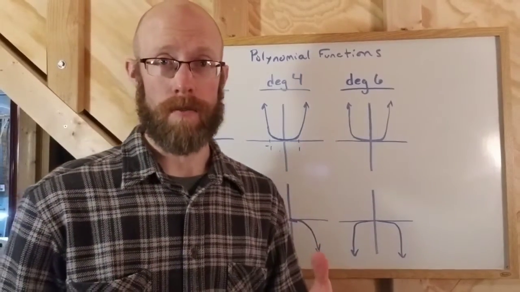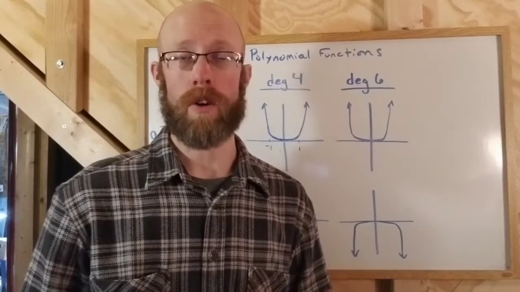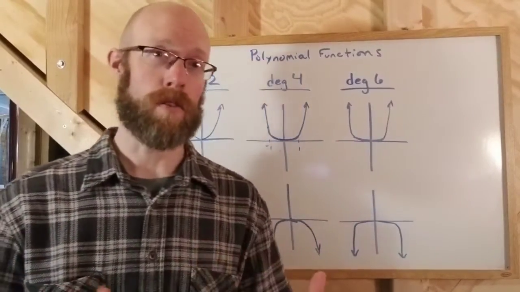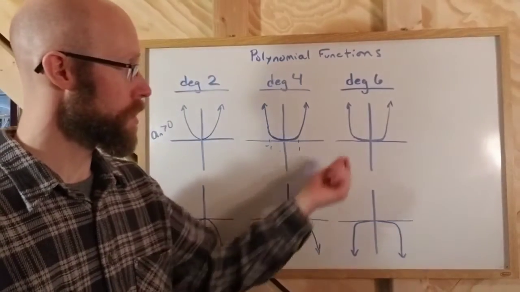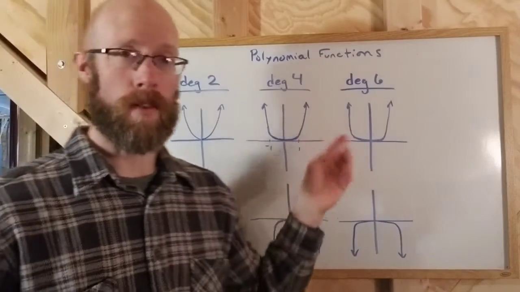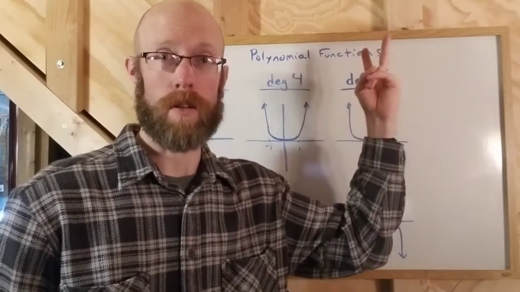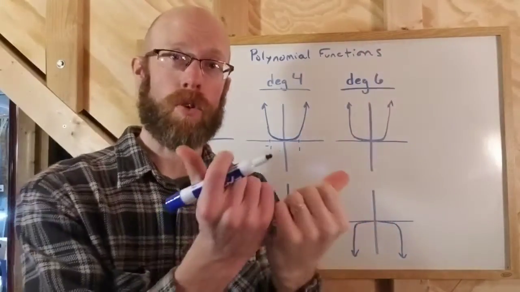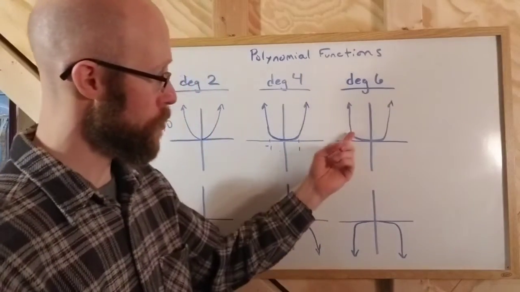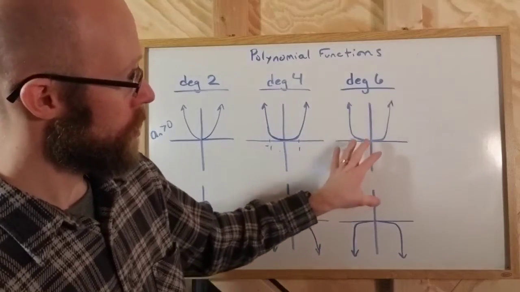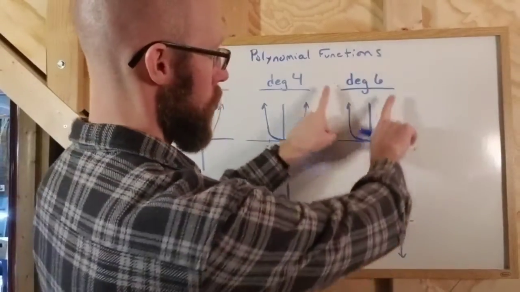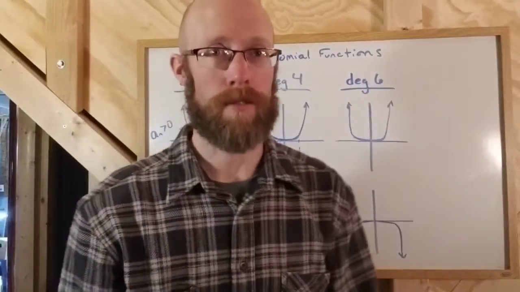Another key feature is that the domains are always all real numbers for polynomials. Doesn't matter if they're odd degree or even degree. Even though these arrows seem to go up very steeply, which they do, they also go out left and right indefinitely. If you were to zoom out, or view this graph from a farther vantage point, you would see these arrows never stop going left and right.